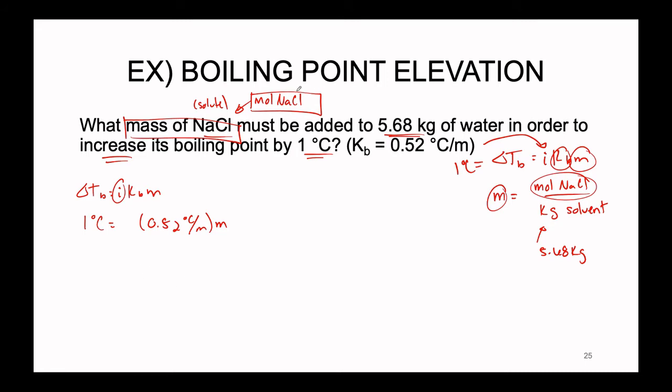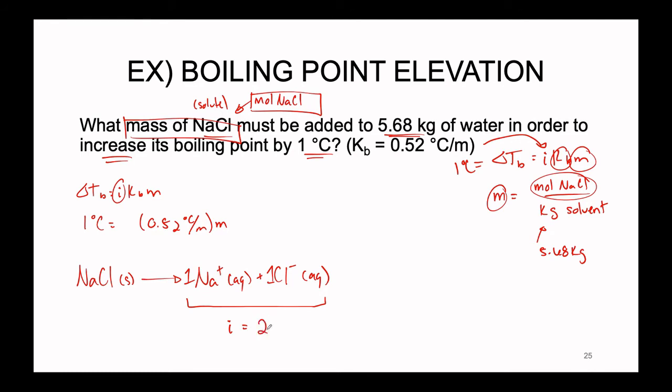What our sodium chloride does in solution, as we have seen many, many times before, is break into Na+ and Cl-. So to determine the Van 't Hoff factor, what we need to look at is what's the sum of the product particles here. Well, it appears as though we have 1 sodium and 1 chloride, meaning that our Van 't Hoff factor is going to be 1 plus 1, or 2.